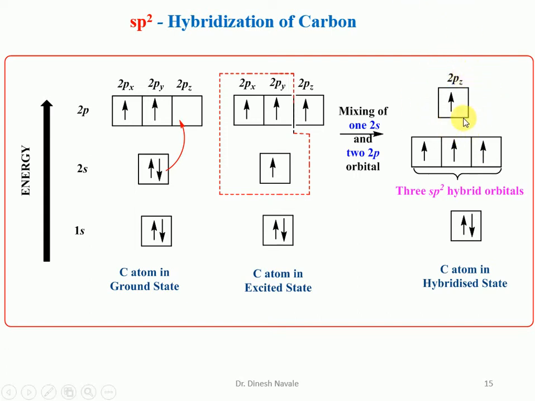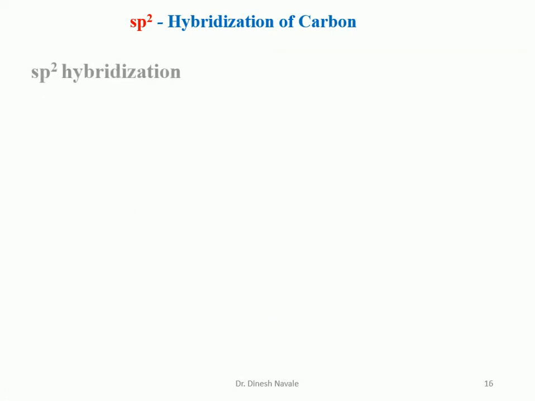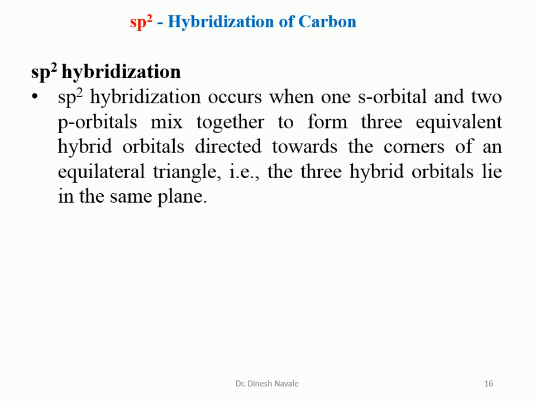This 2pz orbital is the unhybridized orbital which contains one electron. So sp2 hybridization is the mixing of one 2s orbital and two 2p orbitals to form three equivalent hybridized orbitals directed towards the corners of an equilateral triangle.